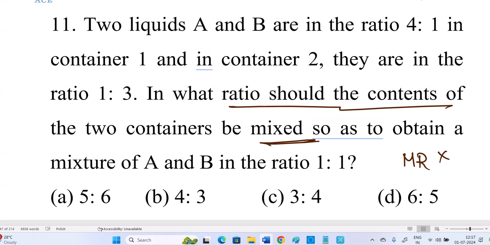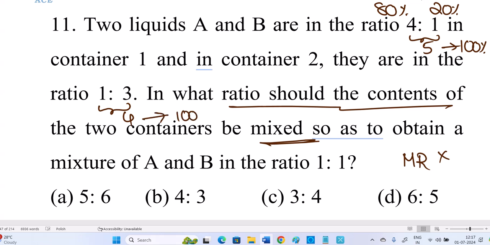Out of 5, this is 4, so I can say 80%, 20%. Or else simple: what is 4 plus 1? 5. I want 100%. 5 mapping to 100 means multiply by 20. 4 into 20, 1 into 20. Here 1 plus 3 is 4. We want 100, so 4 multiplied by 25. 1 into 25, 25%. 3 into 25.